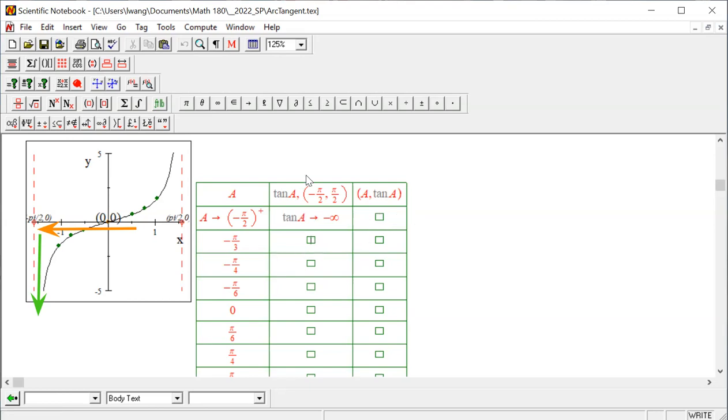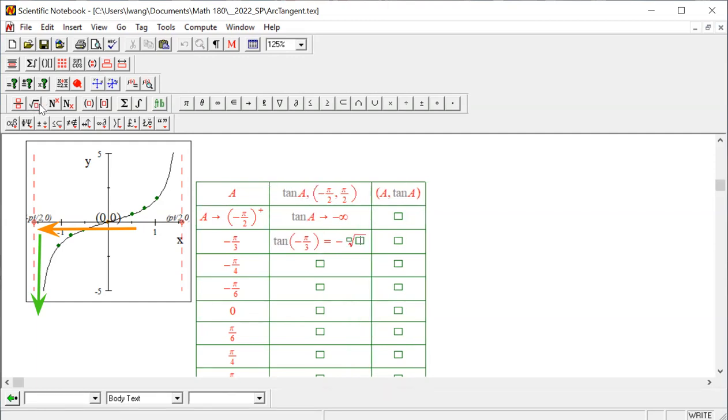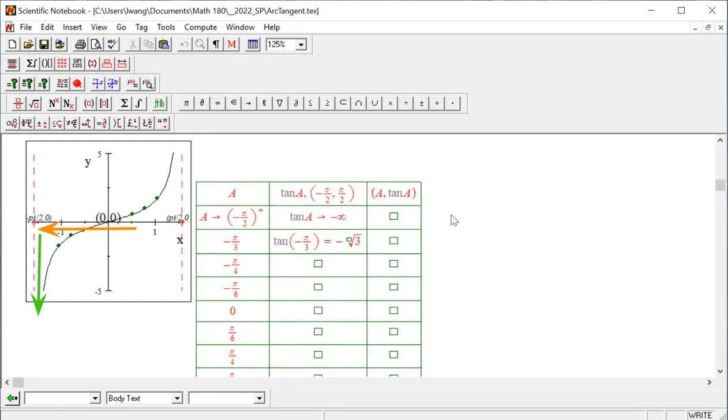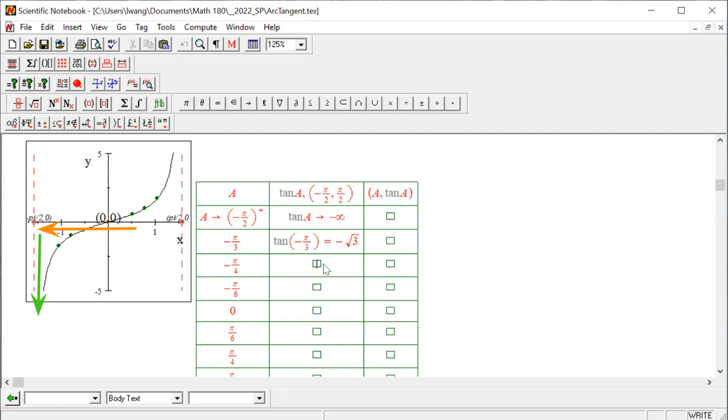Over here, we know tangent of negative pi over 3, we already did those many times. Let's go over this one more time. And this is going to be equal to negative root 3, right? We did them before. Just do this with me one more time. The more we repeatedly do this, the better off we're going to be.